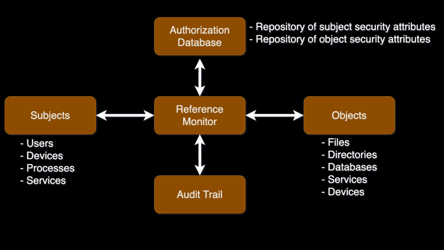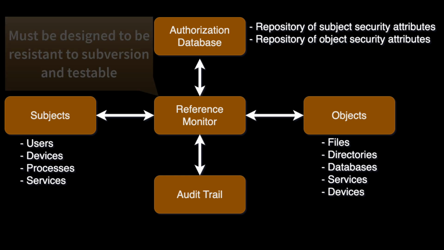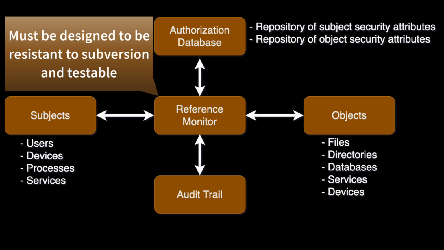The principle of trustworthy system control states that all security enforcing components, such as the mediators we discussed or any enforcement mechanism, must be designed to be resistant to subversion and testable for correctness. They constrain all controlled actions and protect themselves in the process.